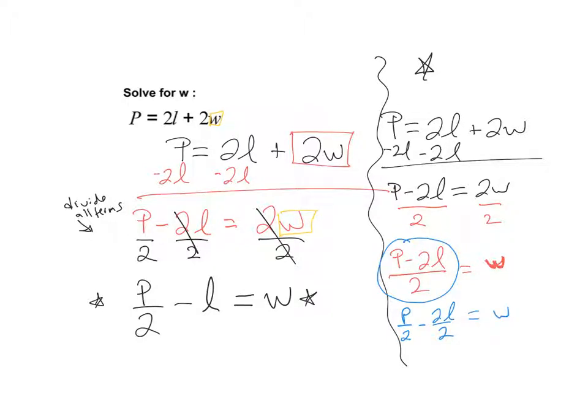Setting it up where you are actually dividing these up separately, I think is helpful as a reminder that, oh yeah, I need to still simplify those 2's. So we've got P over 2 minus L equals W. I hope that makes sense. All right, on we go.